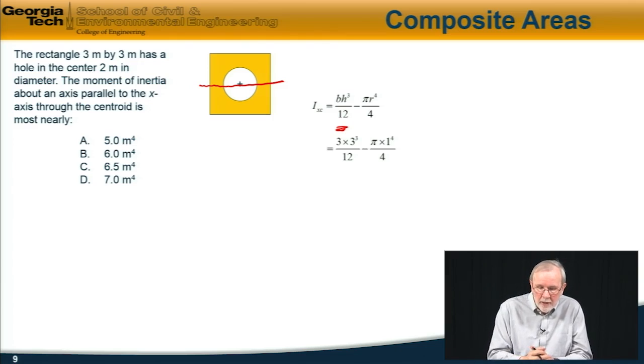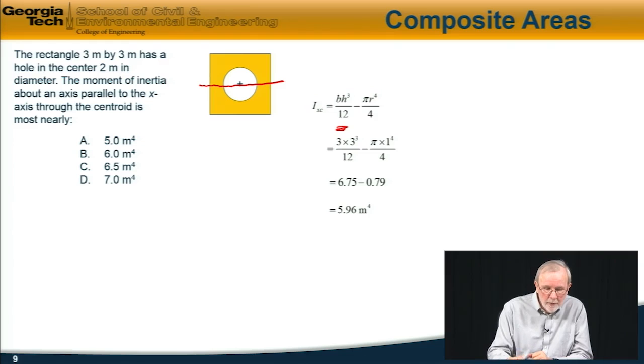So substituting in the numbers, the width and the height are 3 meters, so it's 3 times 3 cubed over 12 minus pi, and the radius of the hole is 1 meter, since the diameter is 2 meters, so it's pi times 1 to the fourth over 4. That is 6.75 minus 0.79, which is equal to 5.96 meters to the fourth. So the closest answer is B.